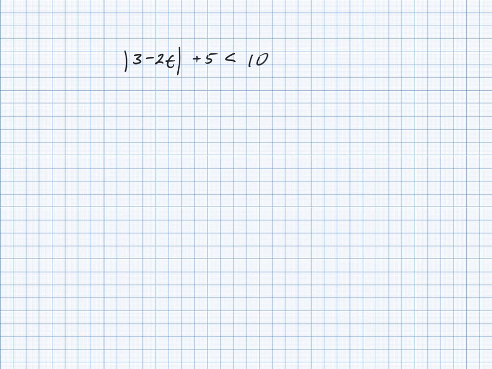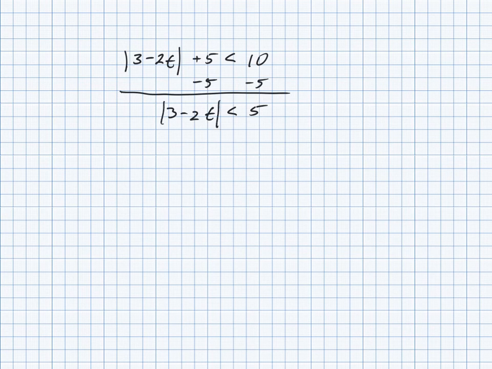To do this one, again, get the absolute value by itself. We're going to subtract 5 from both sides. I don't like my line. There we go. And we get absolute value of 3 minus 2t is less than 5.